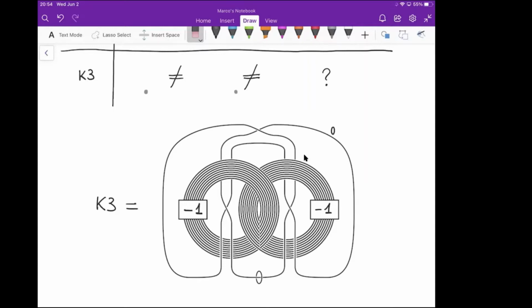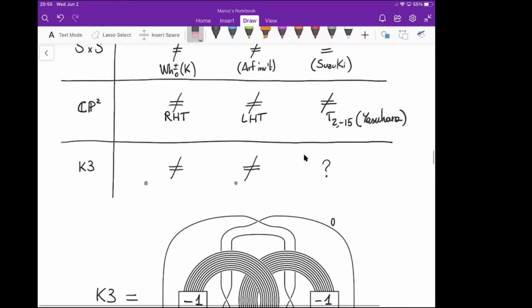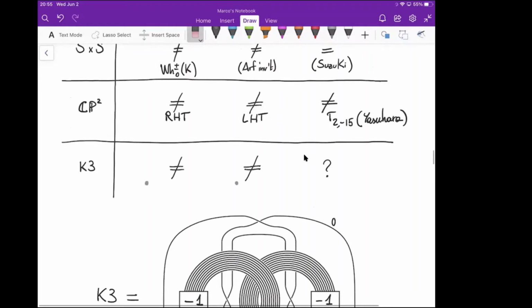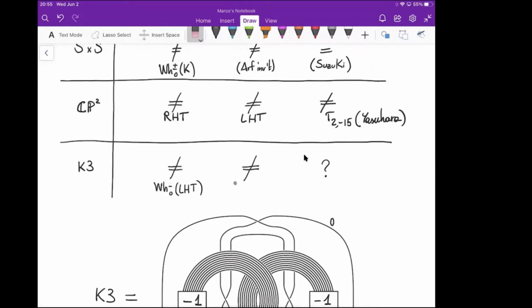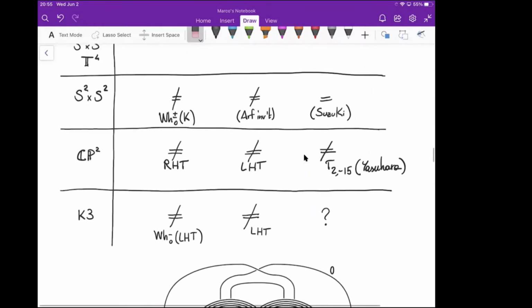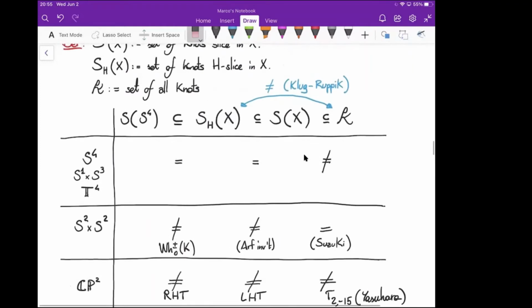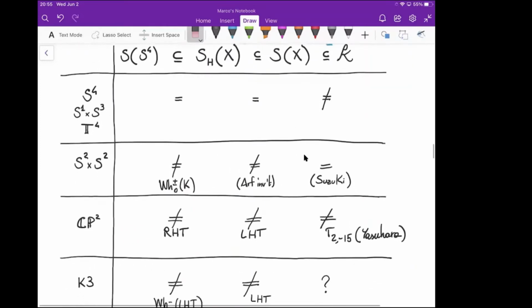And for the K3 surface, the first two inclusions are proper, and here are some knots that prove it. And interestingly, the last one is unknown. We thought about it for some time and we couldn't really solve it. So the question is whether every knot is slice in K3 or not. And we have no idea.